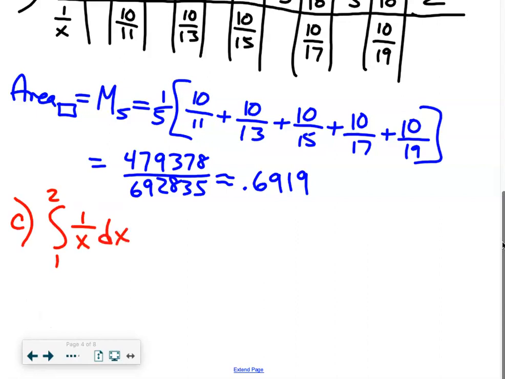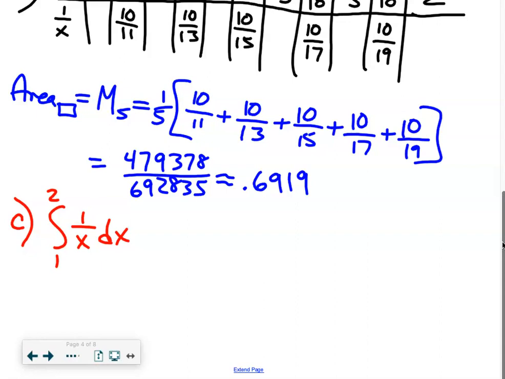Just take a second, everyone find the area. You should be done. It's that fast.